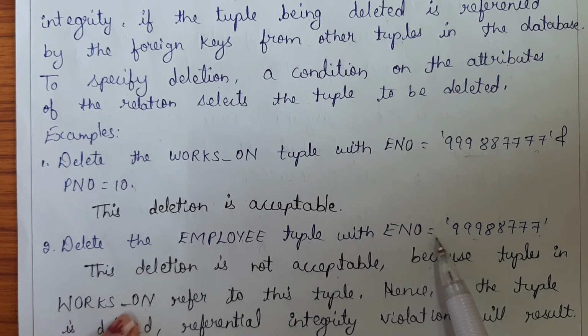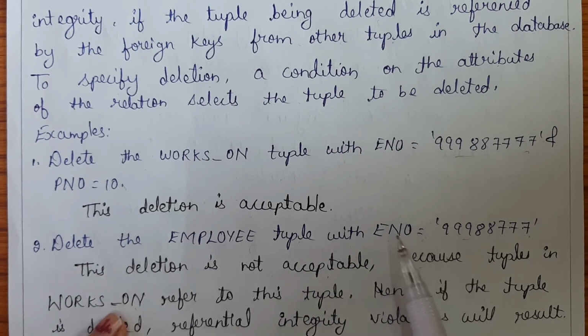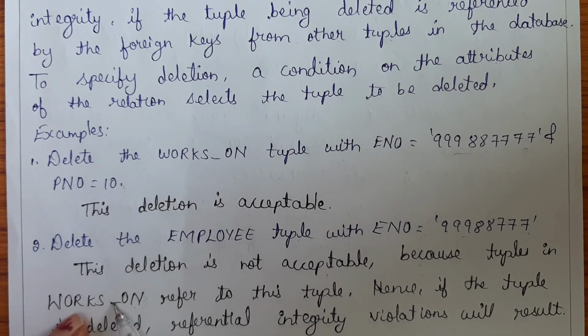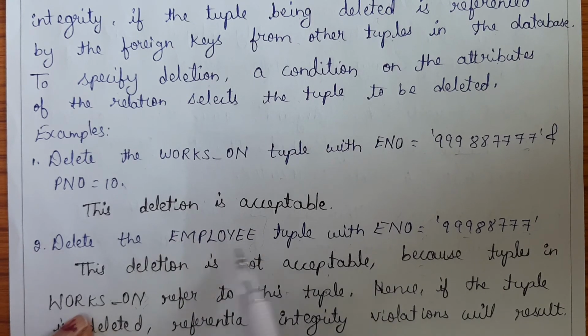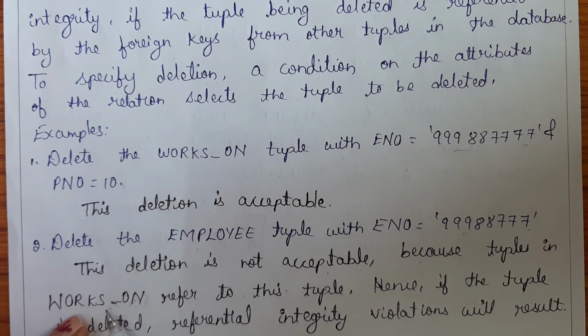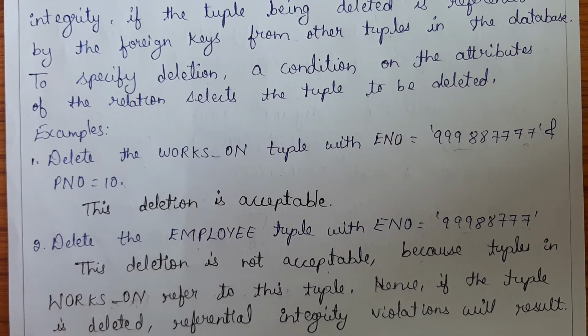Why is this deletion not accepted? Because the tuple in works on, which is another table, refers to this tuple. The employee table and works on table are both referred. That means from the employee table we have referenced the works on table. So here we are not able to directly delete the employee details.